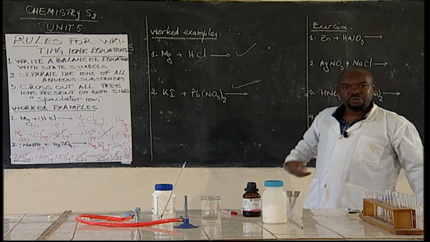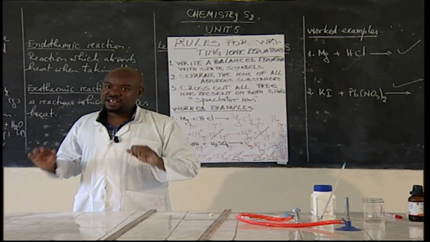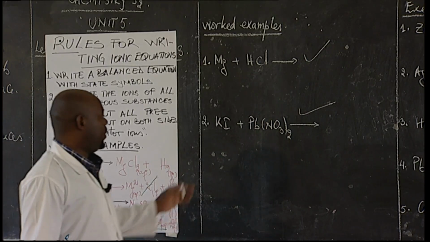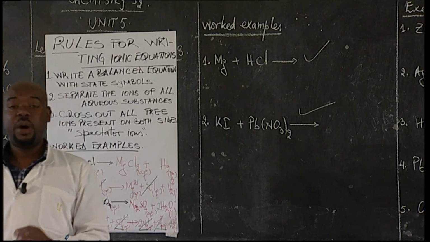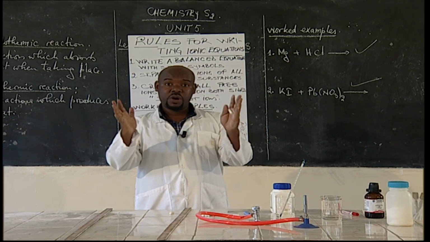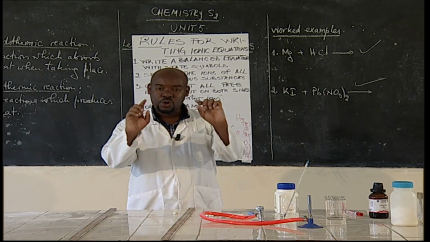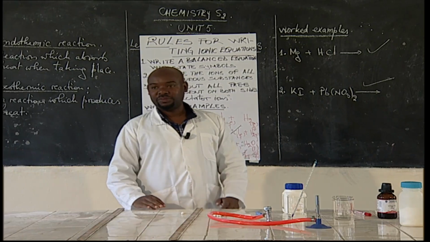Try this one. Remember, you complete the equation, you balance it, don't forget the state symbols, and you separate the ions for all substances in the aqueous state, and you cross out ions which are present on both sides.